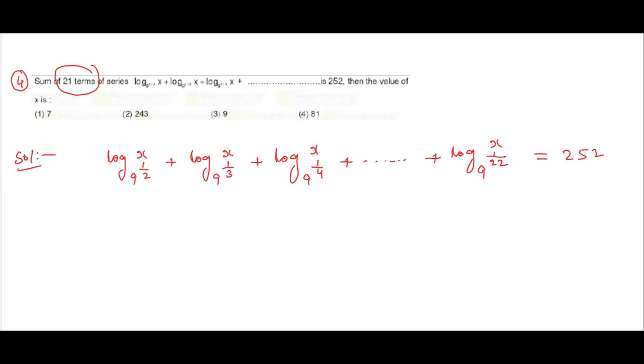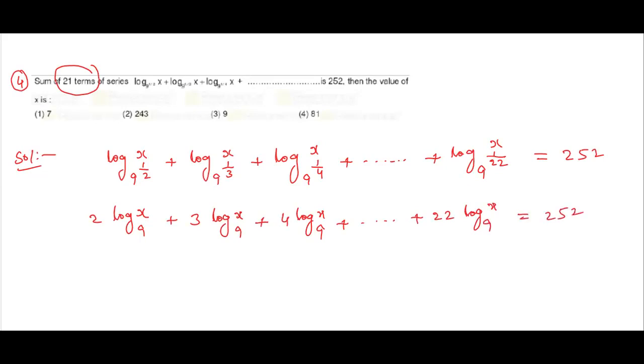Now whatever power of 9 is there comes in front of the logarithm, and 1 by 2 we write as 2. 2 log x to the base 9 plus 3 log x to the base 9 plus 4 log x to the base 9 plus, and so on, 22 log x to the base 9, that is equal to 252.